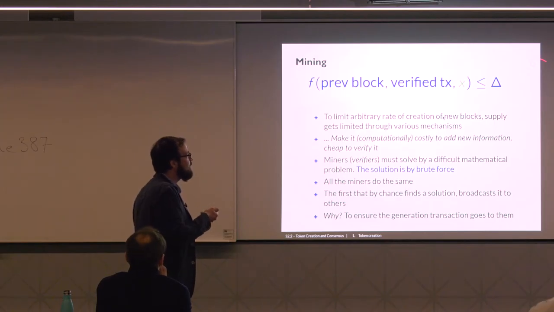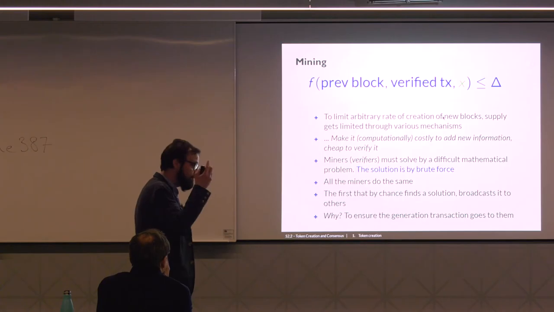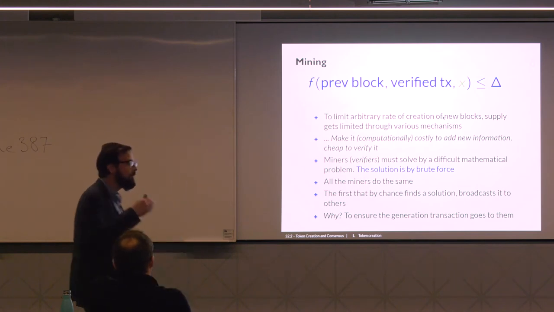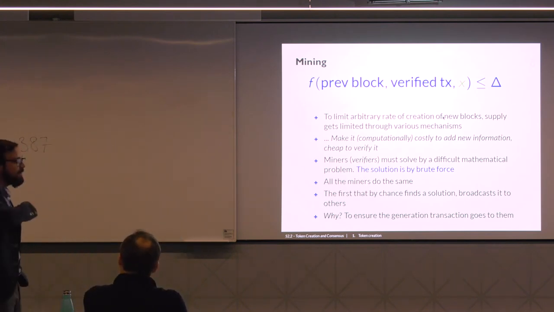For example, if this threshold is 100, I may have some solutions. If the threshold were 10, I would have 1/10 of the probability of finding the same thing, and this is what makes it more difficult.